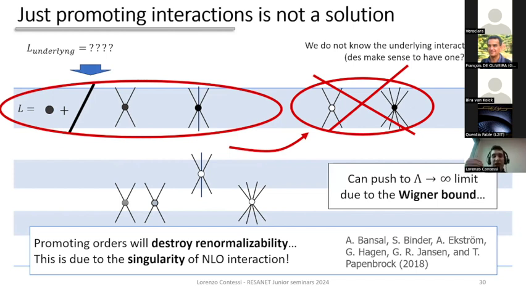Actually, in this case, you cannot even fit the theory for large cutoff, because you have what is called the Wigner bound. And so the range of the interaction cannot be smaller, so you cannot go to the continuum limit. Exactly, you cannot increase as much as you want the cutoff. And again, this is a problem, because only when you go to the continuum limit, you retrieve the power counting in terms of momenta.